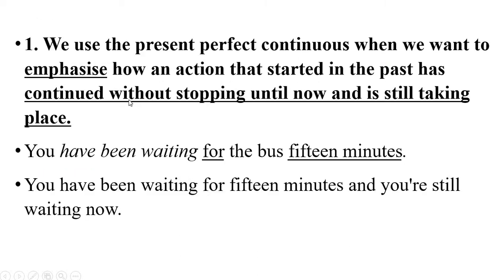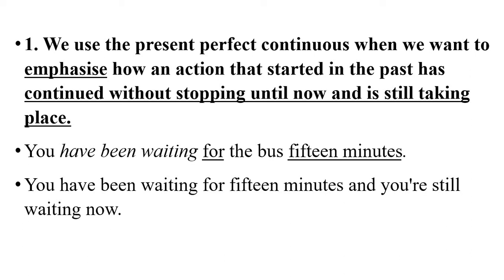The first use is that we use it when we are talking about an action that we want to emphasize, we want to highlight, we want to show attention to it. Why? Because it has taken too much time. It means I want to show that this action has exaggerated.